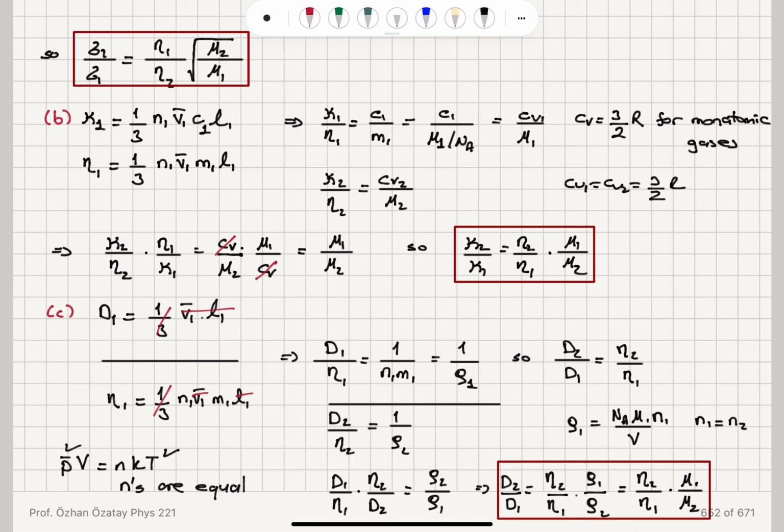So the ratio of the densities. If we have the same pressure and same temperature, the number of moles per volume will be the same. So we can use the same number of moles, n1 equals n2. Then for the density, you have the number of moles times mu, the mass of 1 mole.